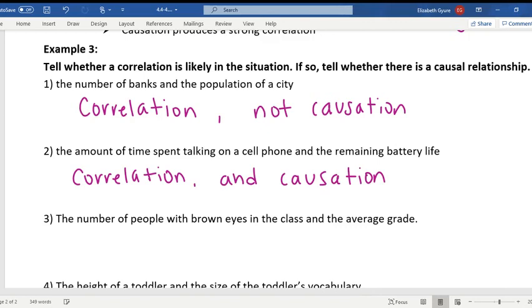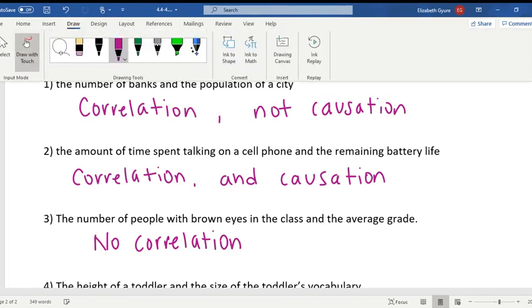Good. That's a good example of one where one definitely makes the other happen. Okay, the number of people with brown eyes in the class and the average grade. Is there a relationship there? No. I would say this is no correlation. Your eye color has nothing to do with your grade.